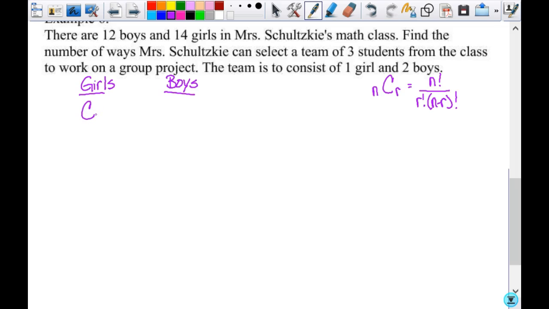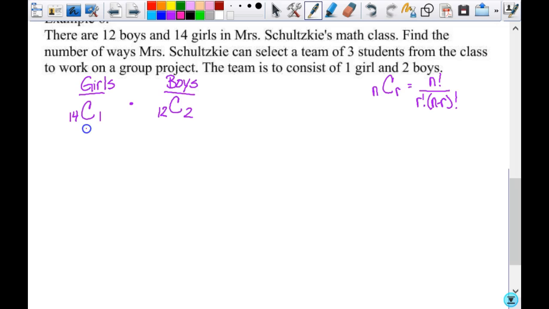How many girls are there? 14. And how many am I choosing? 1. For the boys, how many boys are there? 12. And how many am I choosing? 2. So basically, I'm going to take these 2 things, and I find those 2 different combinations, and then I multiply them together in the end.